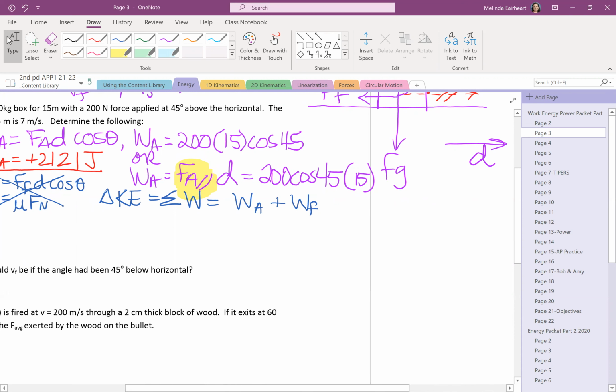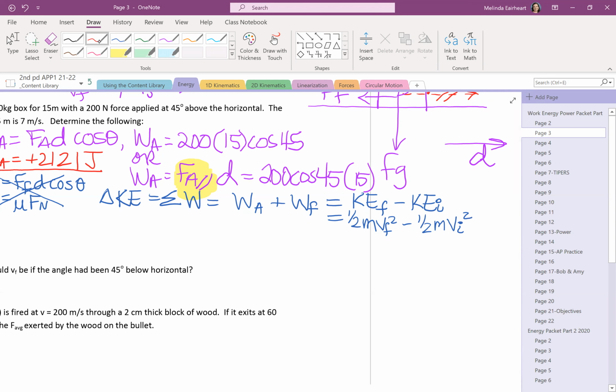And so let's take that change in KE one step further. Change in KE is the final kinetic energy minus initial. Kinetic energy is that new equation, 1/2 mass times final velocity squared minus 1/2 mass times initial velocity squared. Wait a second. What do we say about initial velocity or speed? It's 0.